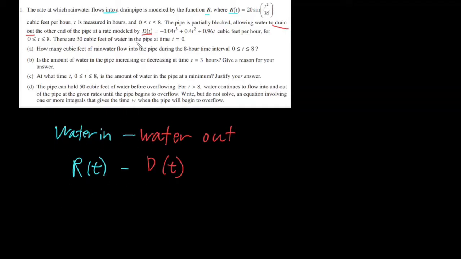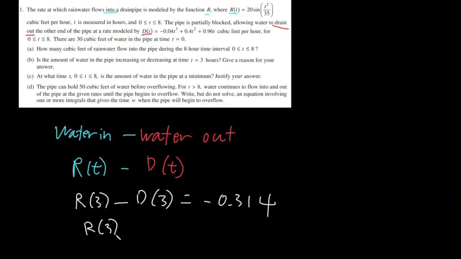More specifically, since we're at t equals 3 hours, I need to calculate R of 3 minus D of 3, and this will tell me if the amount of water in the pipe is increasing or decreasing at that time. So if I calculate this, I will get negative 0.314. So what does this mean? Well, it means that R of 3 minus D of 3 is less than 0.